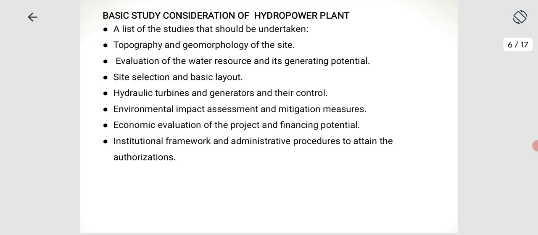First is the topography and geomorphology of the site, evaluation of the water resource and generating potential, site selection and basic layout, hydraulic turbines and generators and their control, environmental impact assessment and mitigation measures, economic evaluation of the project and financial potential, institutional framework and administrative procedures to obtain the authorization.